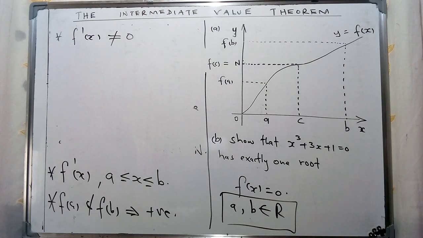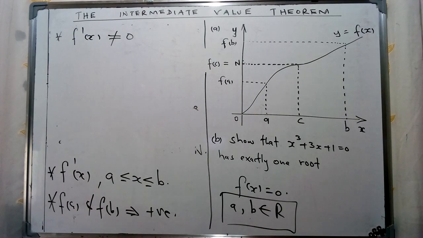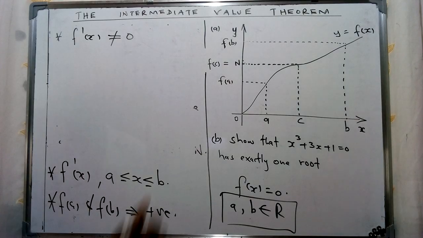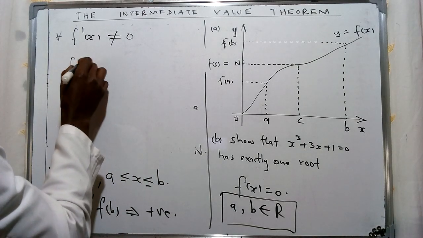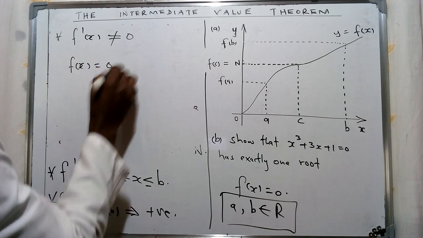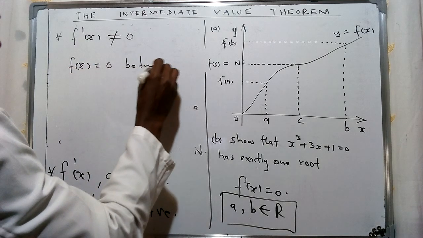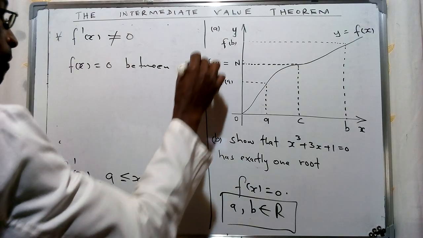Then we can consider the case whereby we're going to see that there's only one solution of the equation f(x) equals 0 between these specific intervals of a and b.